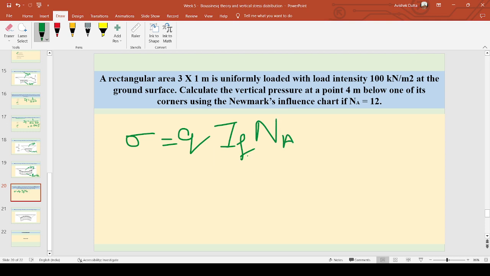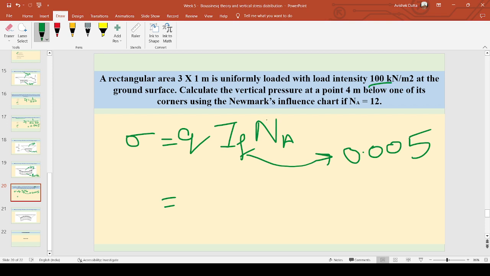The value of IF, as I have told in the previous question, will be taken as a generalized value, that is influence factor equal to 0.005. Na equals 12 and Q is 100. Using all these values, we can find the stress.